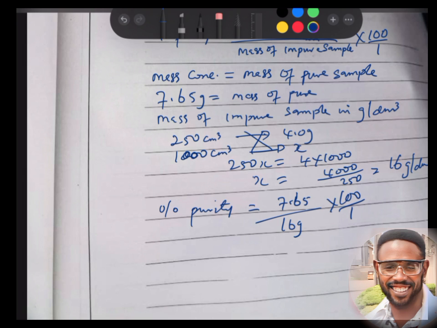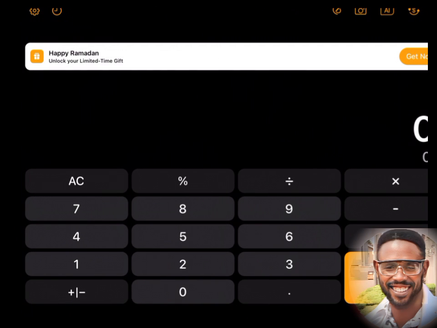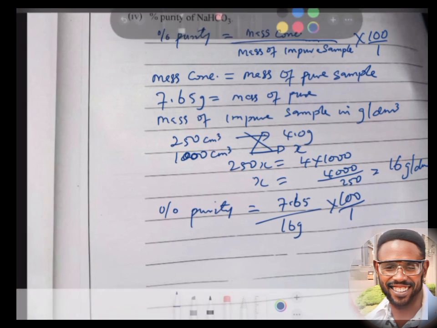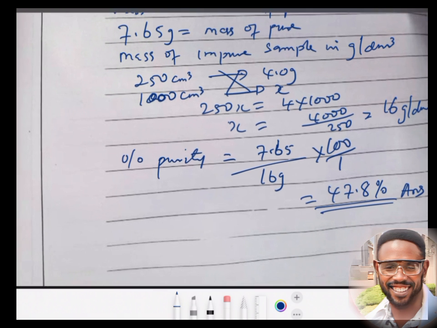From the calculator, 765 divided by 16 is equal to 47.8%. So percentage purity here is 47.8%. Our answer.